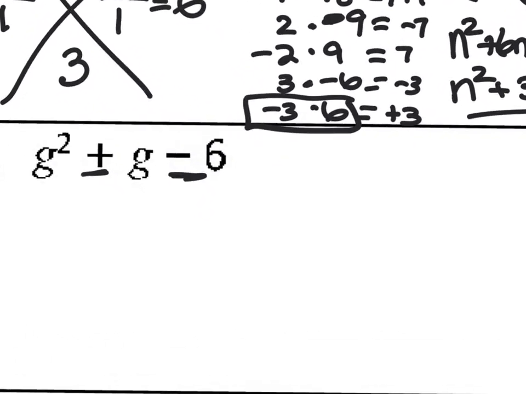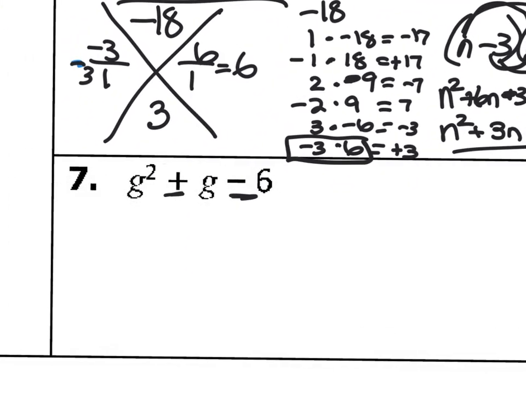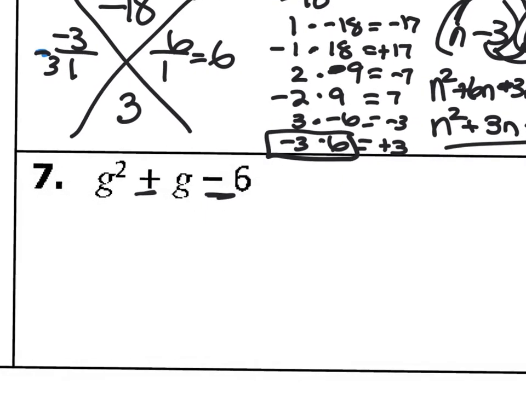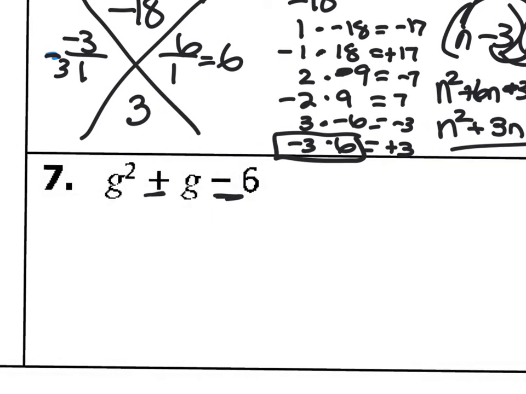All right, let's see. You can hit pause and try this one. All right. So we said that A is 1, B is 1, C is negative 6.